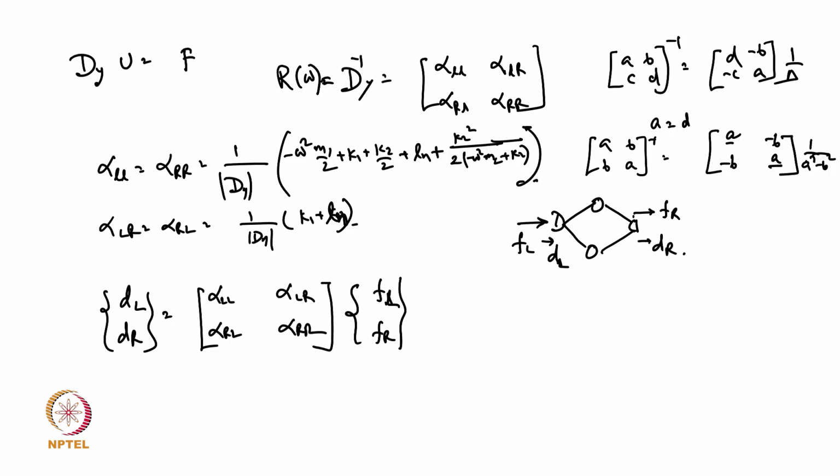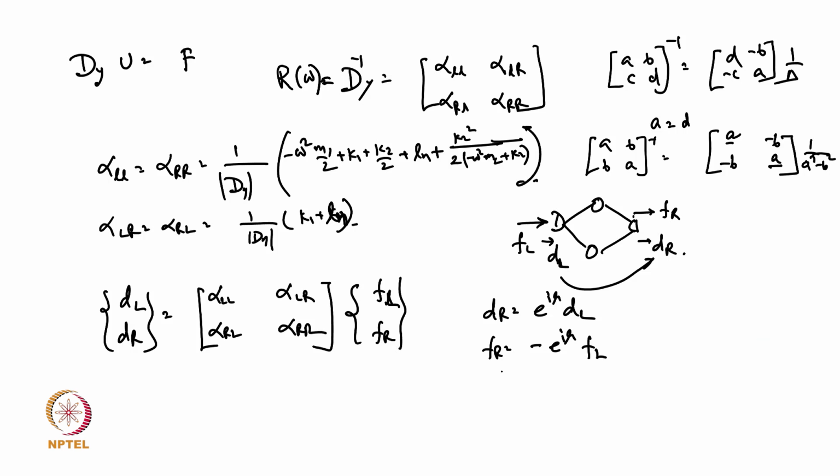Now if we try to recall why we are doing this, our objective is to find out how the band structure is going to look, where the attenuation peak will be, and how many attenuation peaks are coming. For that we are doing this. Now there is a periodicity, so dr will be equal to e to the power of I mu times dl, and Fr will be minus e to the power of I mu times Fl.